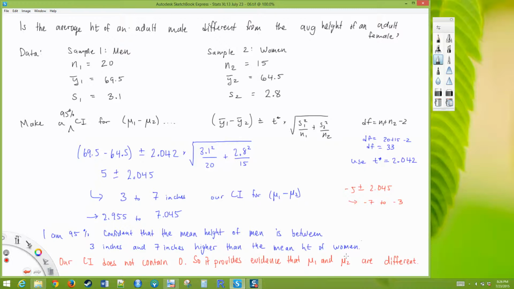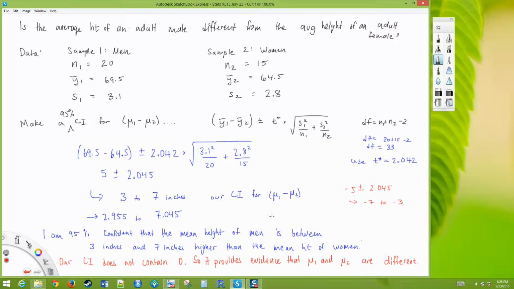Those are equivalent statements. The signs might change from positive to negative, but whether you say A is larger than B or B is smaller than A, you're saying the same thing.